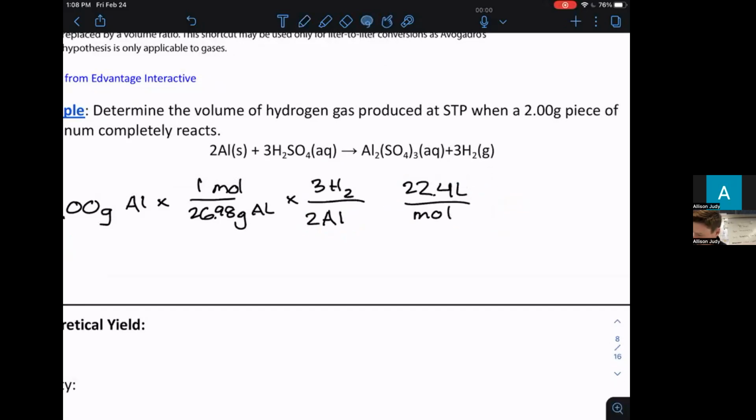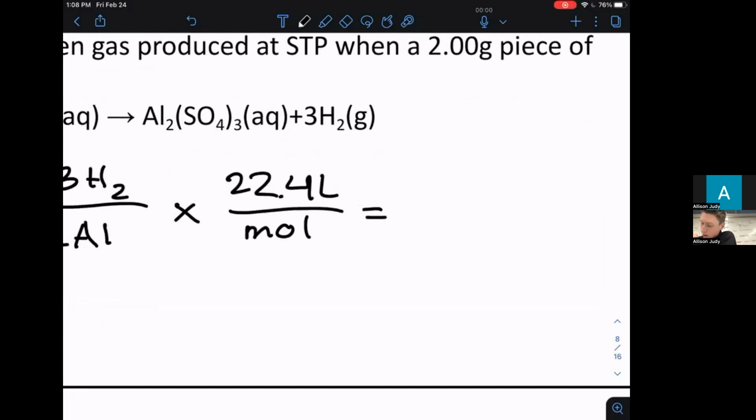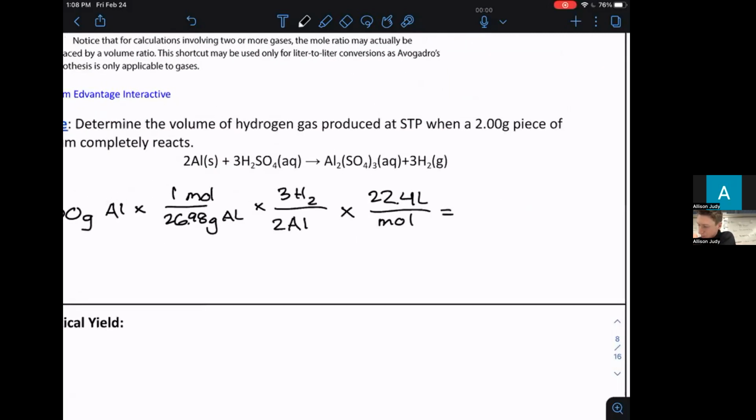Wonderful. Then if we look at our units, we're canceling. This is moles of aluminum here on the bottom. So now we're in moles of hydrogen. We need to cancel that out with our 22.4 liters per mole. If this was a problem with a solid, we would be using the molar mass here because we're going from grams and moles, but we're here with a gas. So we're left with this.